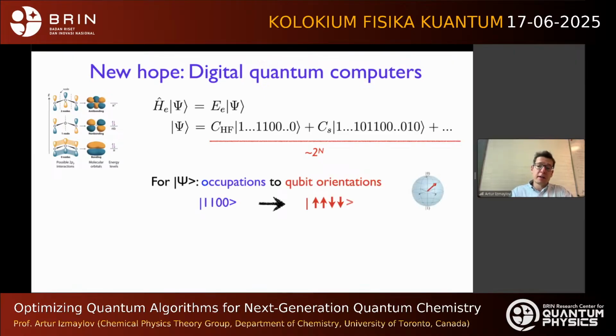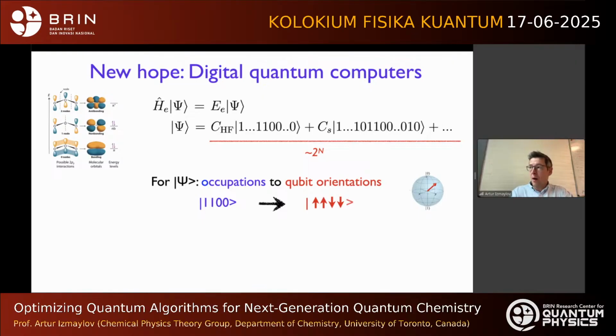On the other hand, with quantum computers, what we have are qubits, which are two-level systems that we can control. There is a nice mapping, which we'll talk about later in more detail. For the states, it's a very simple mapping between antisymmetrized products of spin orbitals, Slater determinants, and products of the qubit states.